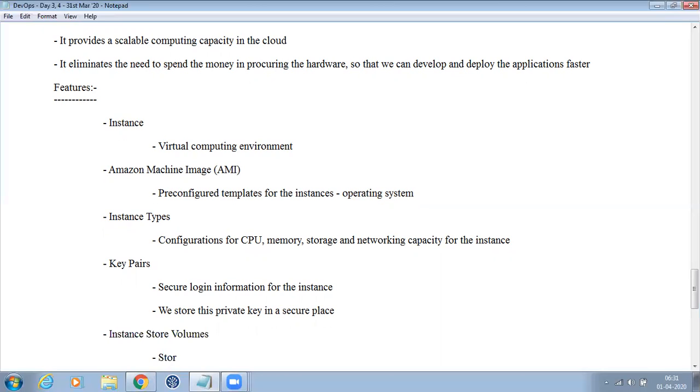Storage volumes for temporary data, temporary data that is deleted when we stop or terminate the instance.